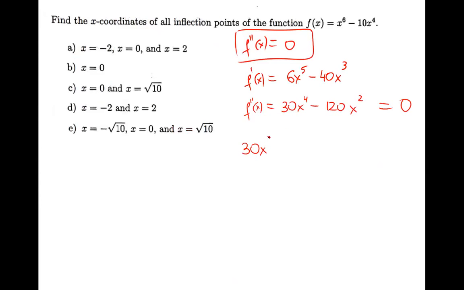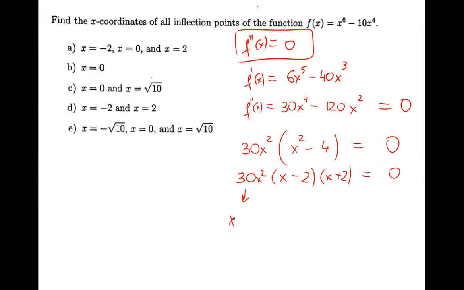Let's factor out 30x squared: x squared minus 4, and then we have 30x squared times (x minus 2) times (x plus 2). That means x is 0, 2, or negative 2. Those are all of the zeros of the second derivative.